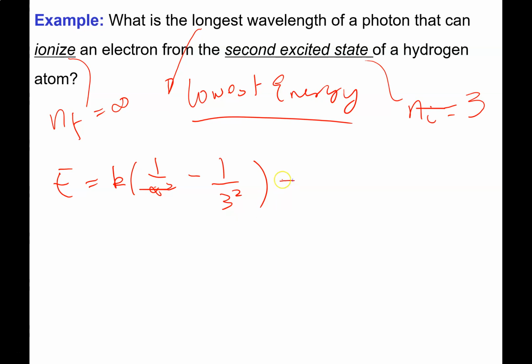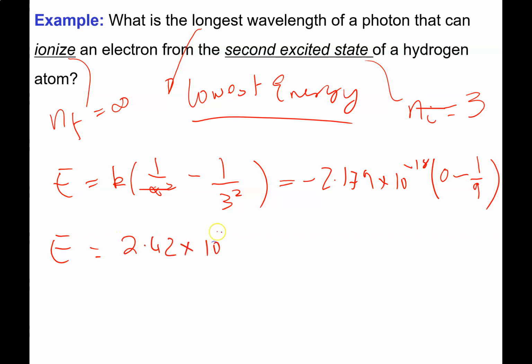And so I'm going to put that into my calculator, K being minus 2.179 by 10 to the minus 18, sorry, times 1 on infinity squared being 0 minus 1 on 3 squared, so that's going to be 1 on 9. So that's going to give me an energy in joules. And when I put that into my calculator, I got 2.42 by 10 to the minus 19 joules.